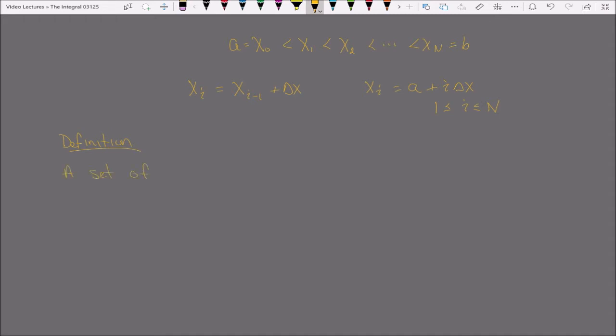A set of points, call it P, equals x sub i, for i equals 0, 1, 2, up through n, with a equal to x0 less than x1 less than x2, and so on, less than xn, which is b.